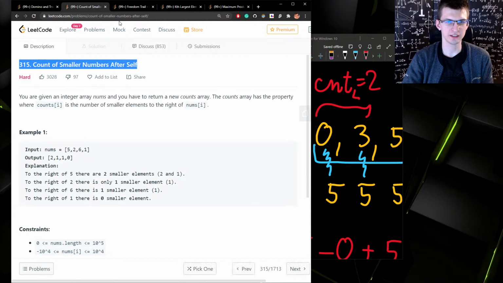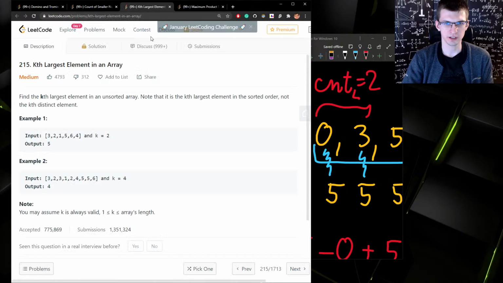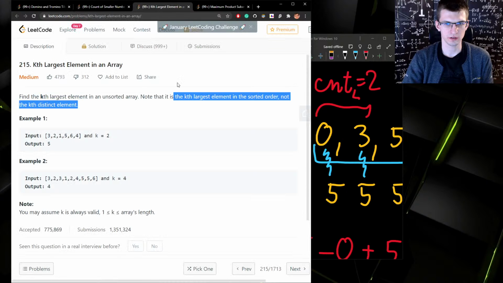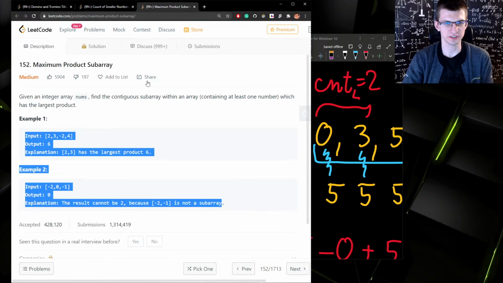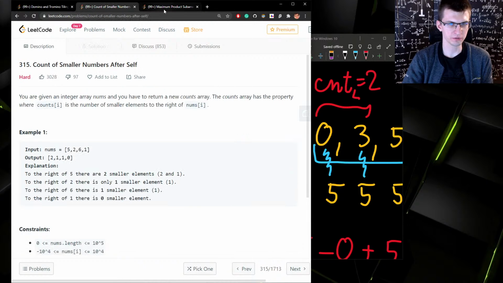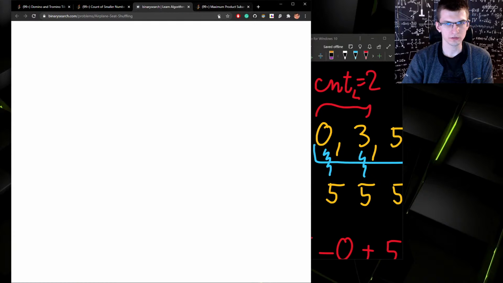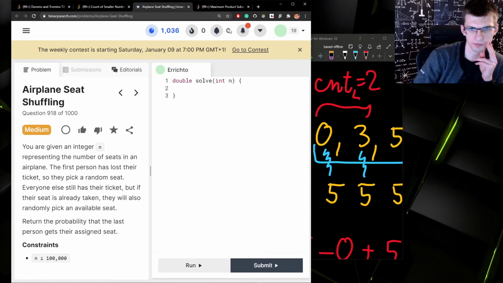This can be done indeed with merge sort. Freedom trail. I'm closing that. Too long. Too simple now, it seems. Next product, too ugly. We can do this easy DP problem. We can do merge sort thing. Or binary search probability.